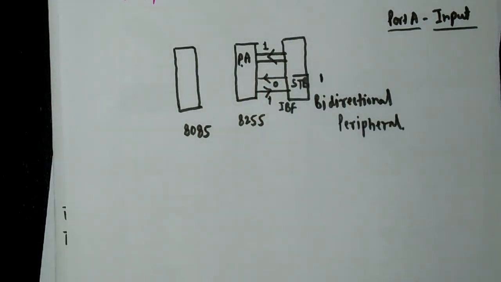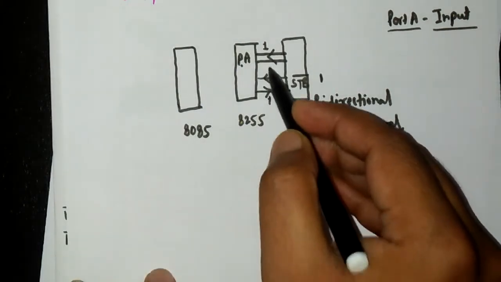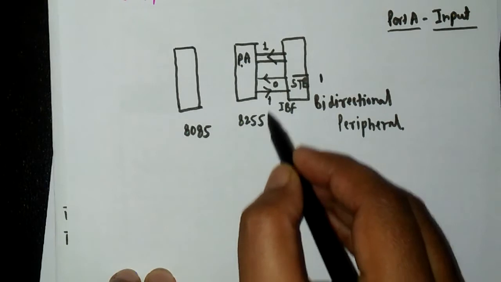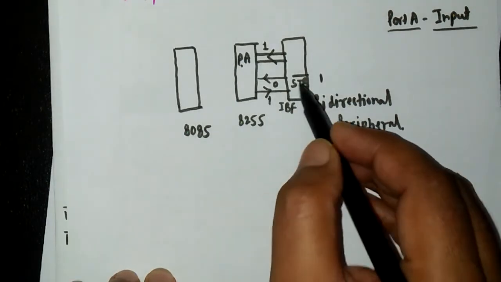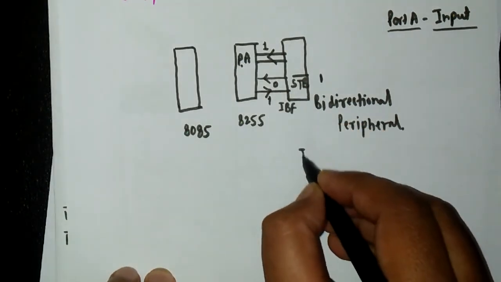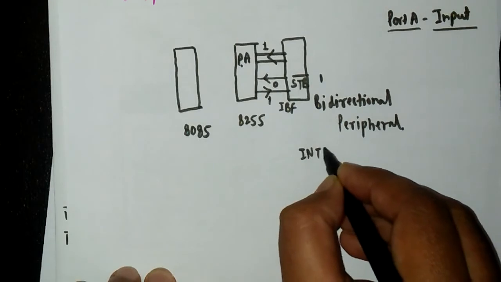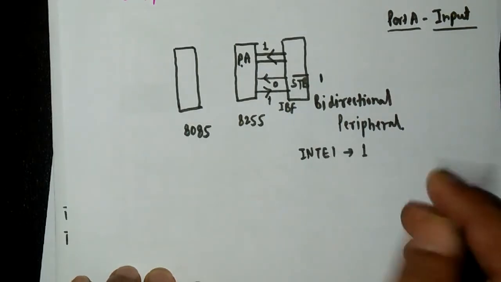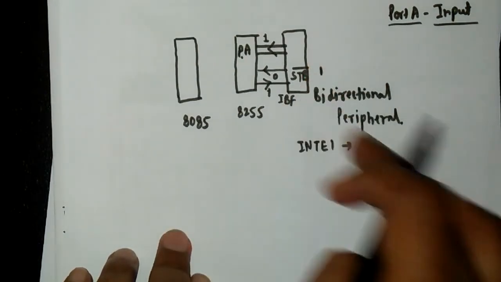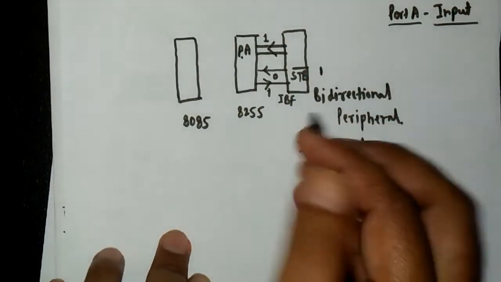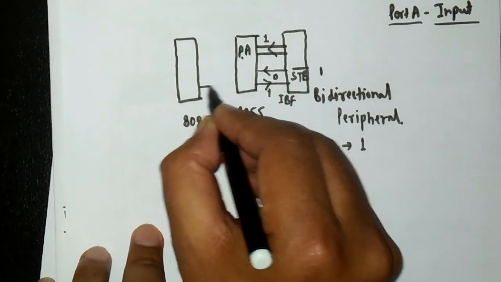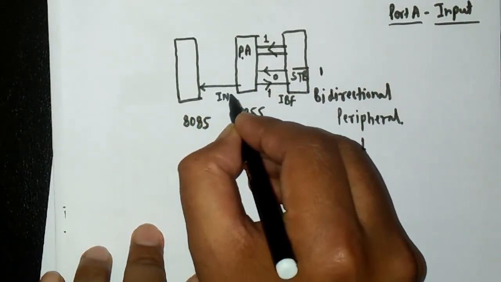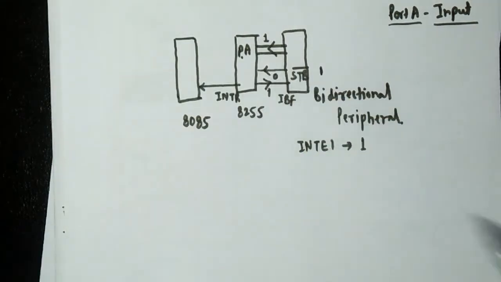Okay, so after a certain time, when STB bar is at high logic and input buffer full is at high logic, and if we have also kept INTE1 at high logic by using bit set reset mode, okay, then all of these three pins are at high logic, so the 8255 will generate an interrupt request to the 8085 by using the INTR pin.